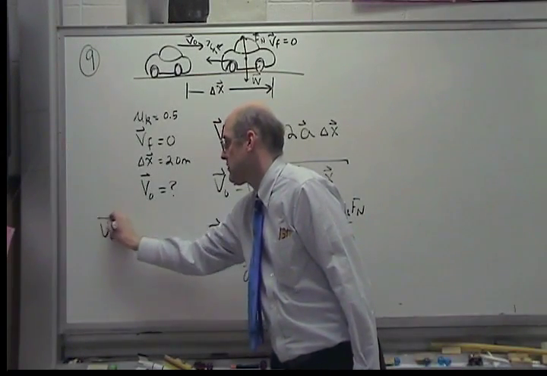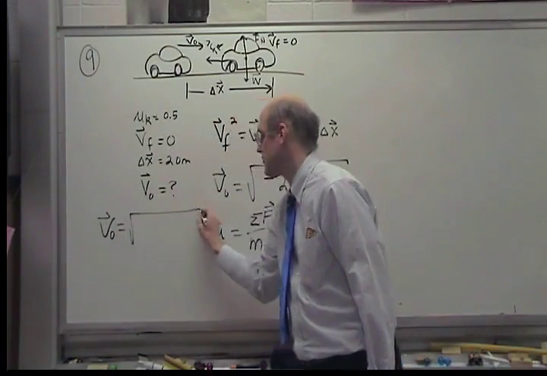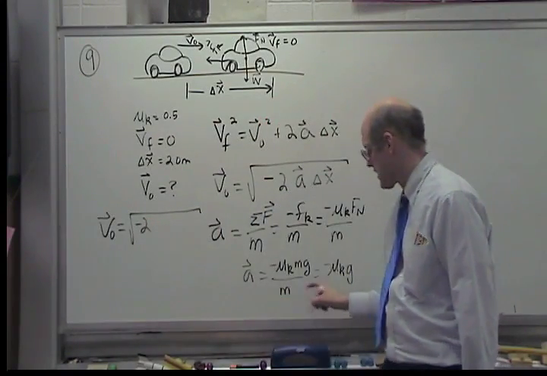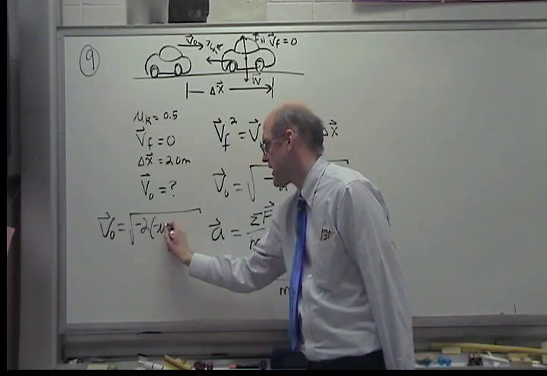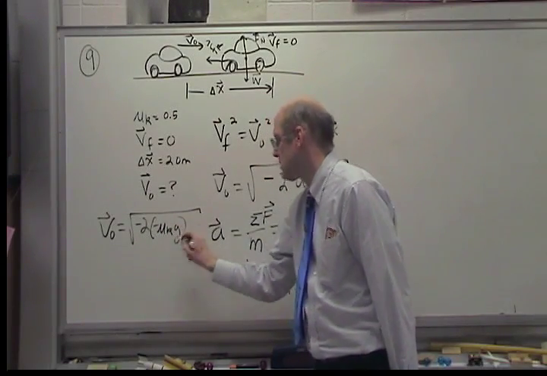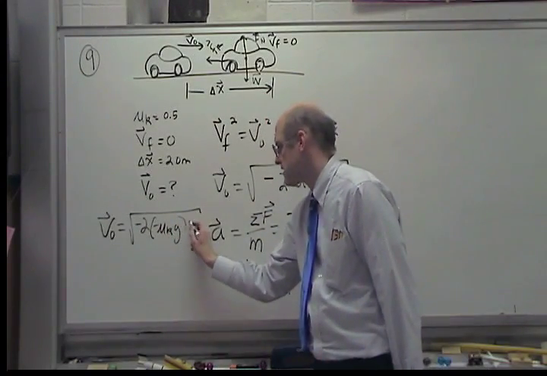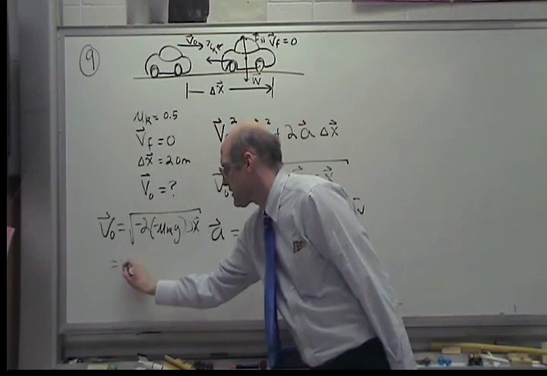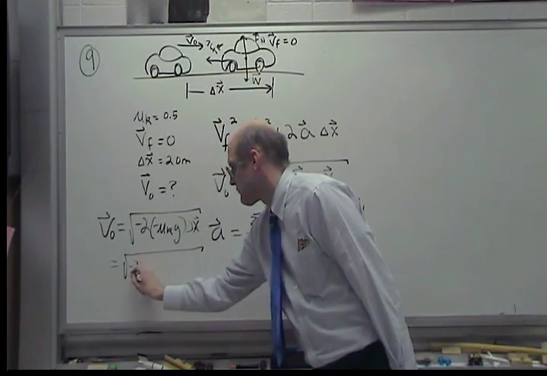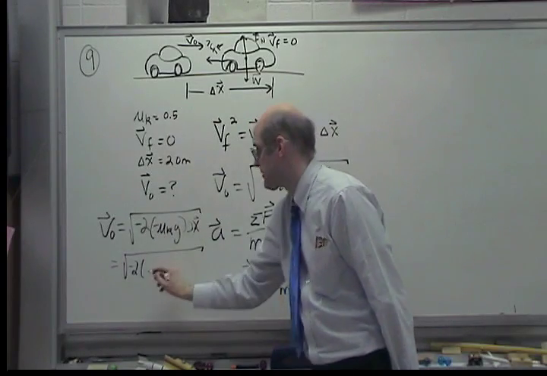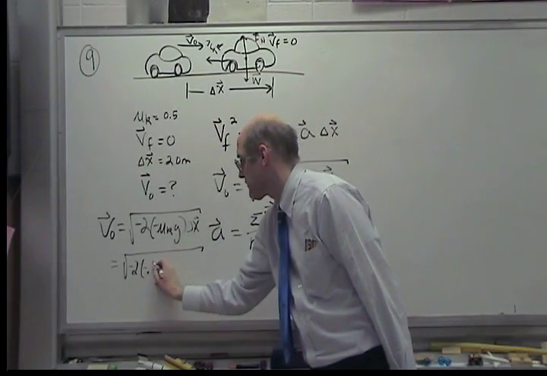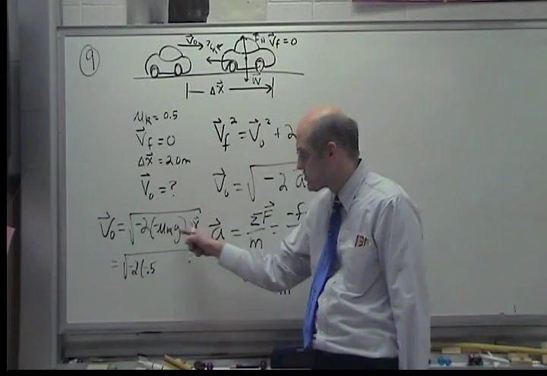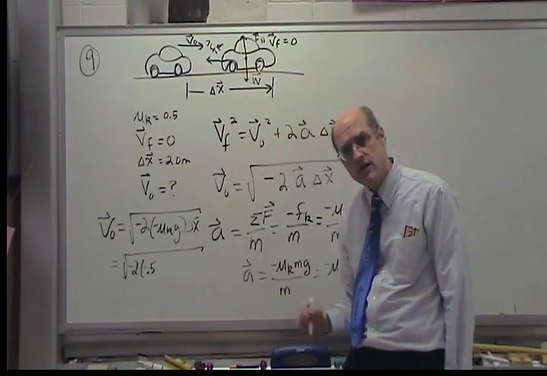So we have V0 is equal to the square root of -2 times negative mu k g multiplied by delta x. Substituting in the numbers, I get -2 times -0.5 times g. We just use the magnitude because you notice there's no vector symbol on top of g.